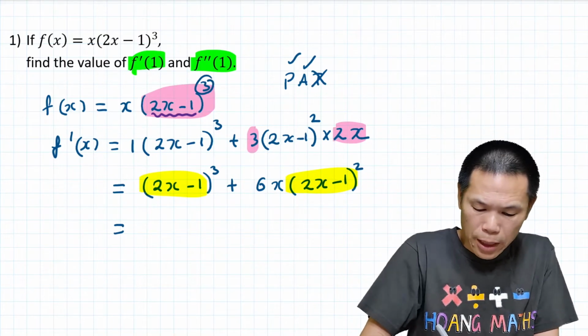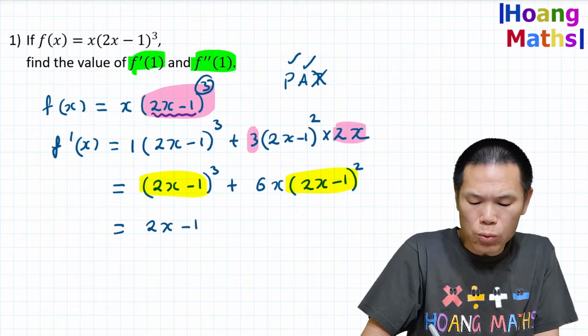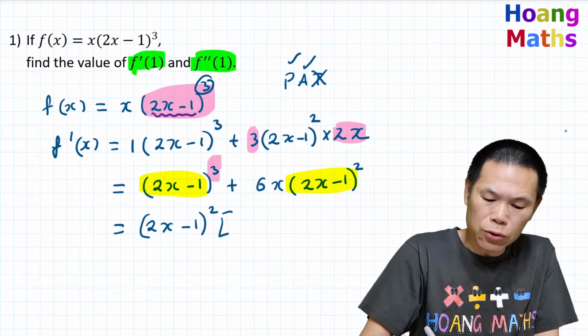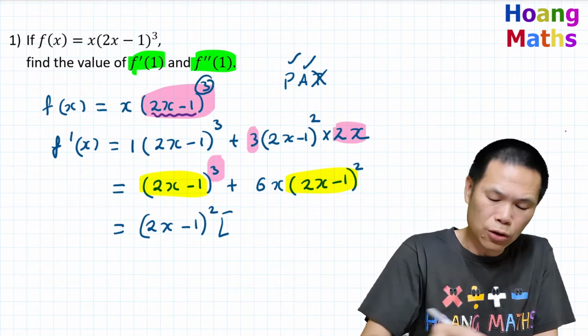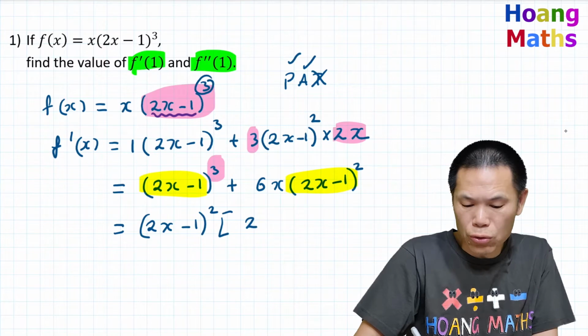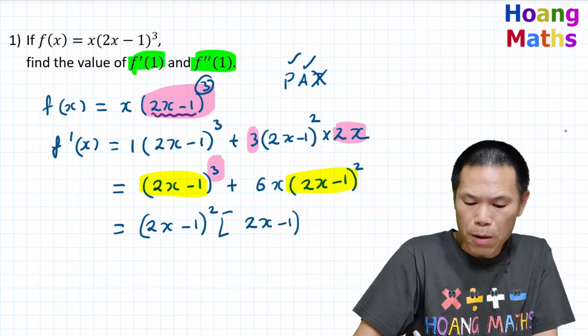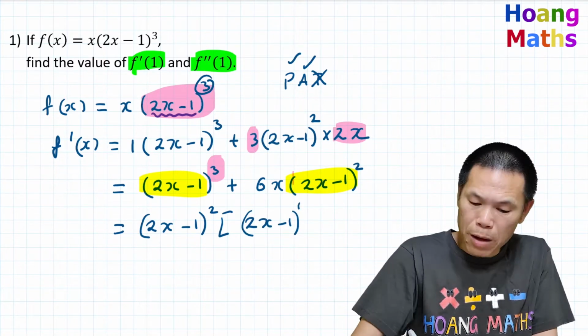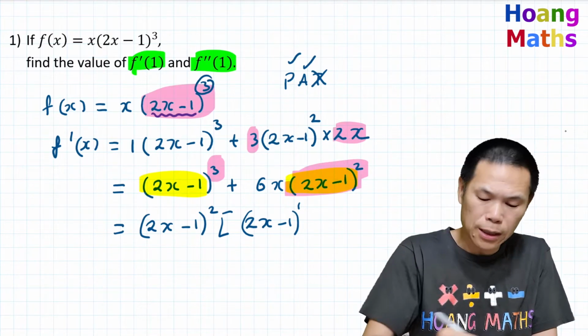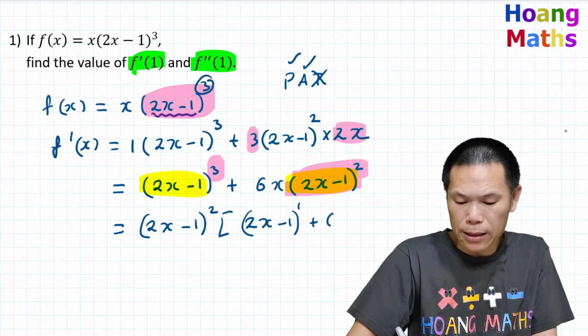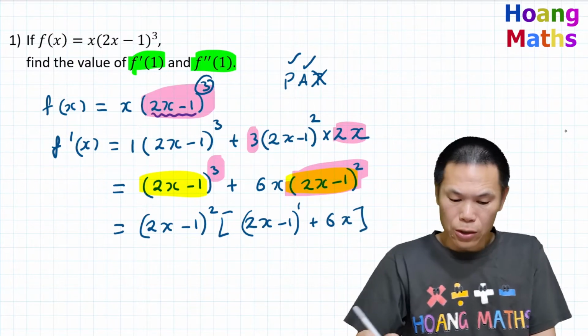And because this is power 3, we take power 2 out, so we are left with power 1 if you like. So (2x minus 1) power 1. And then power 2 here, we take it out. So therefore, we only leave 6x. So we add 6x. So there you go.